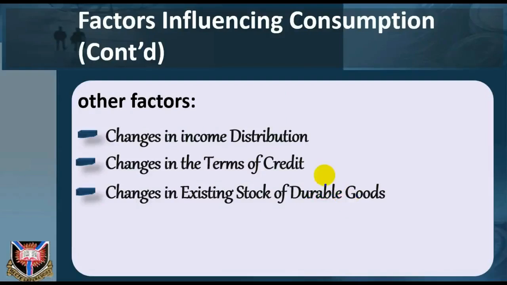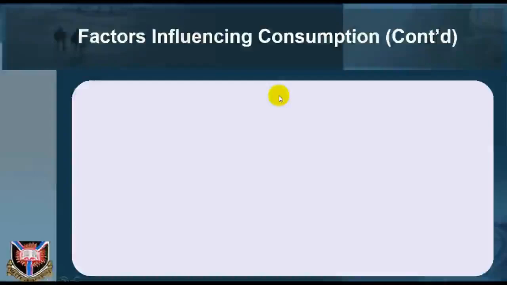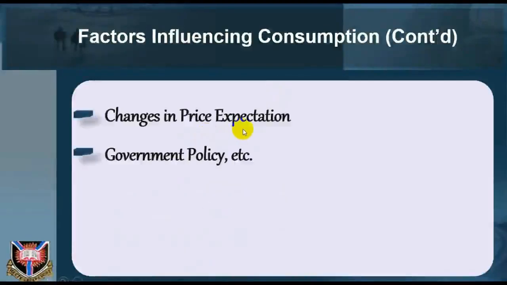Number 4, changes in price expectation. If households expect inflation to occur, they will be willing to purchase durable goods which they would otherwise not have bought for another one or three years. In such circumstances, purchases made now yield savings over the purchases in the future.